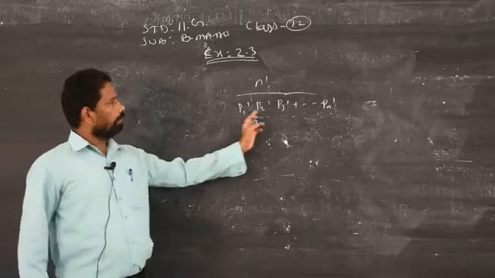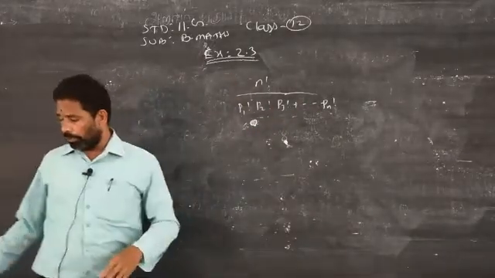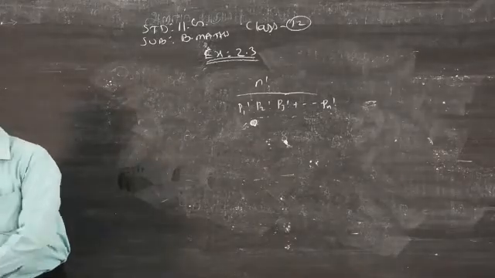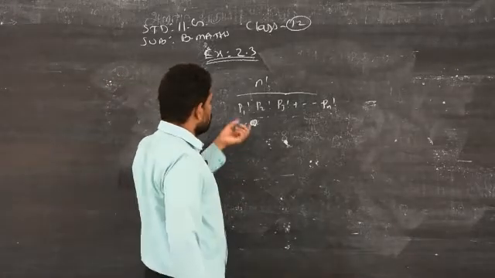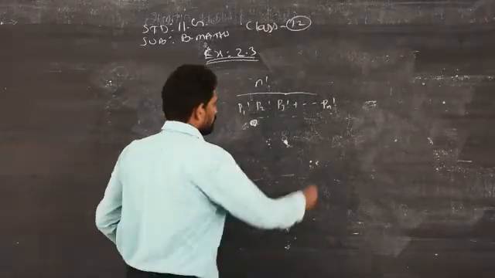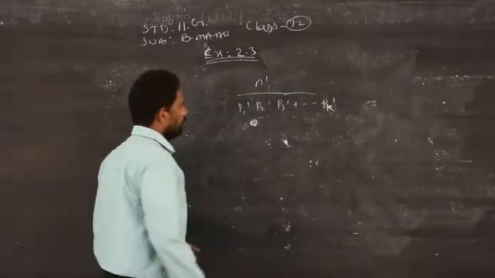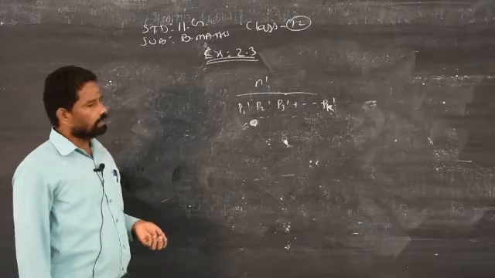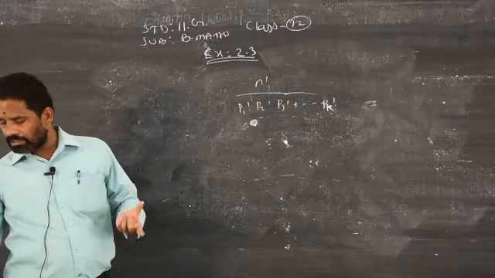This is called repetitions. N stands for the total number of letters, and p1, p2 stand for the letters which are repeated more than 1 time, up to pk. So this is the formula to find the possible arrangements using the letters in the word assassination.